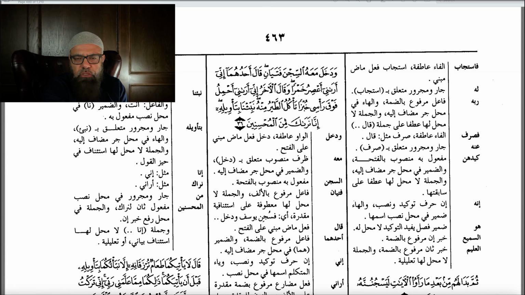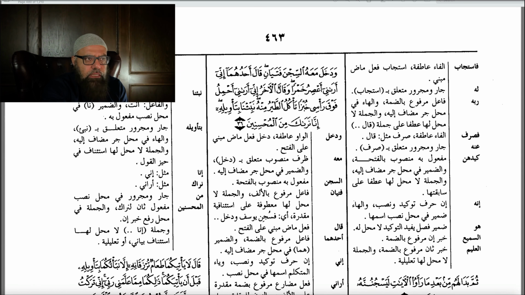So if the sentences are too related in meaning, then this is one of the occasions where you wouldn't want to connect them with a waw or a conjunction. Like in English, this would be one of the places where an em dash or a colon could be used. Does that make sense?